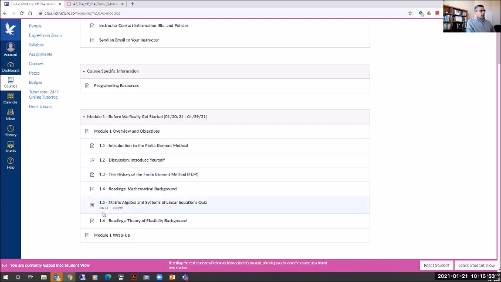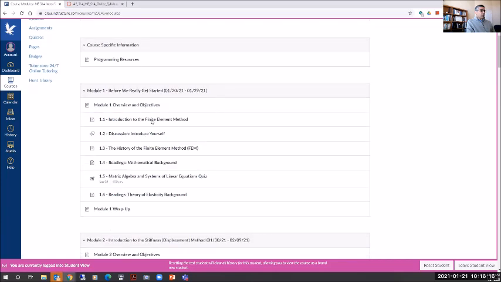So the quiz is scheduled for January 28th, and that gives you time to study the material before you take the quiz. Because I know some of you already learned about matrix algebra and systems of linear equations, and others may need to refresh that. And that's why there is this reading assignment about the mathematical background.